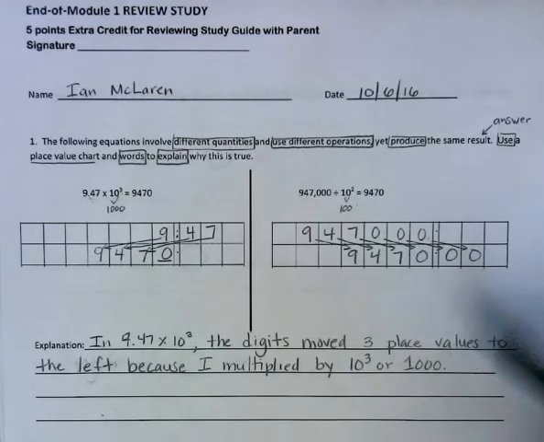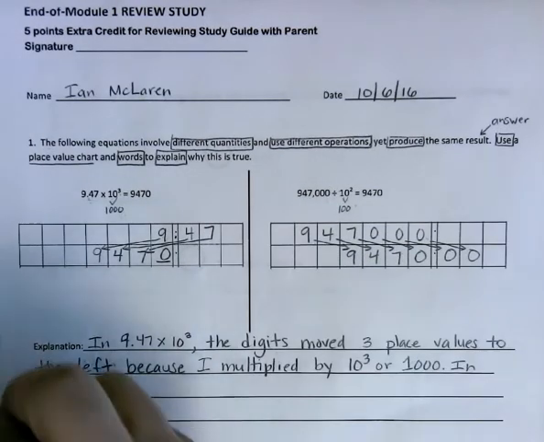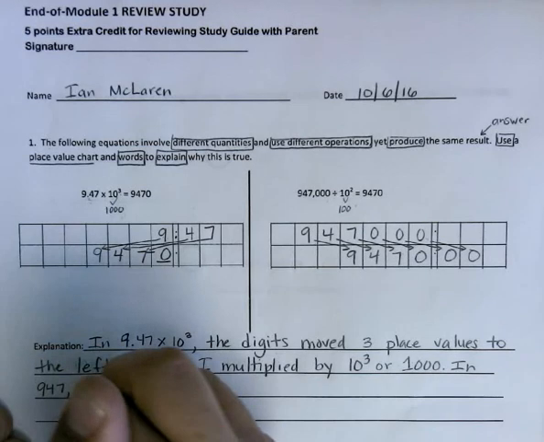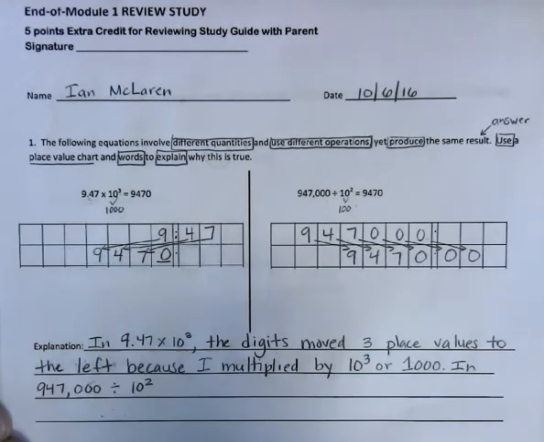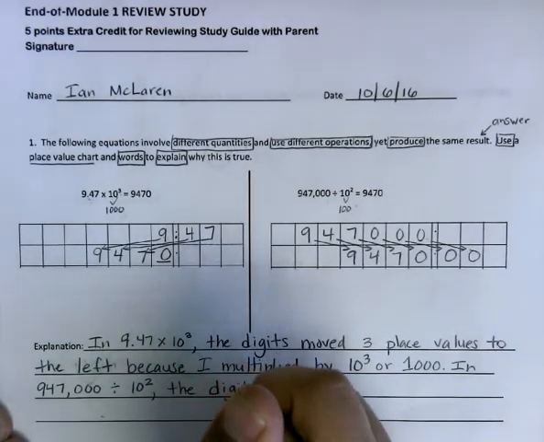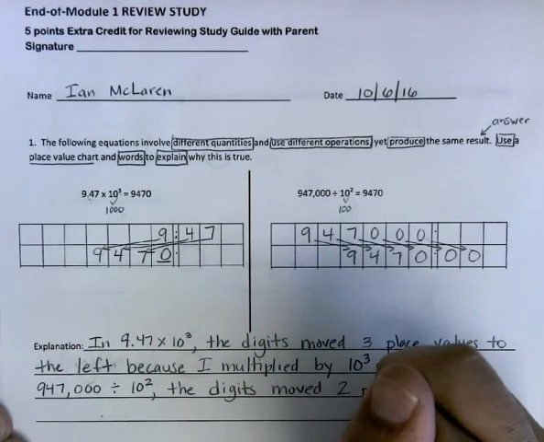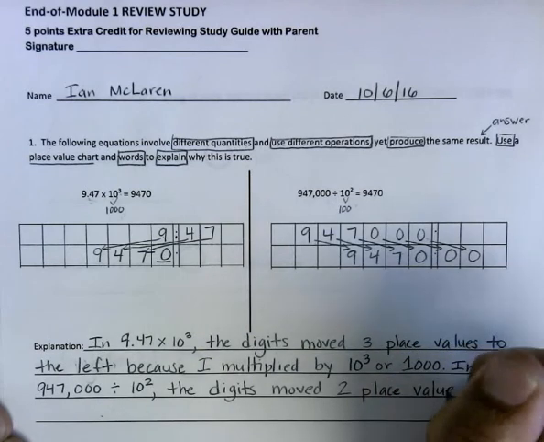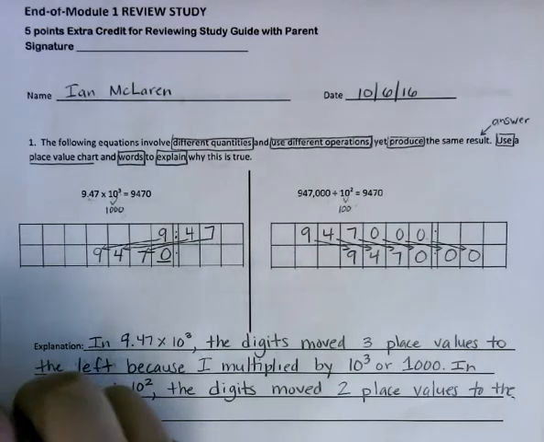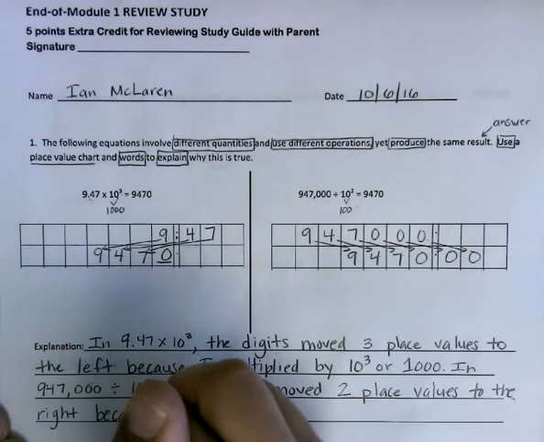So let's take this one right here. In 947,000 divided by 10 to the power of 2, the digits moved two place values to the right because did I multiply or divide?